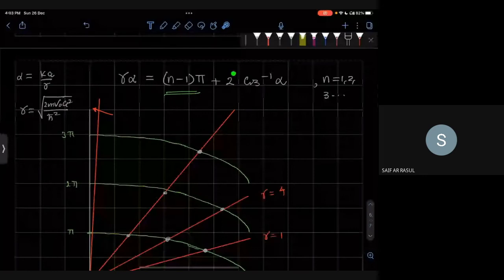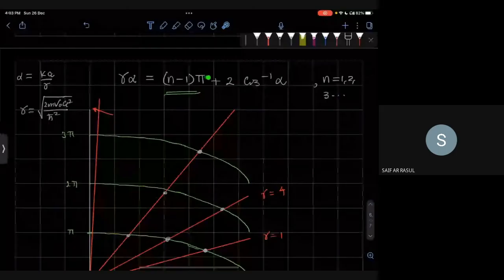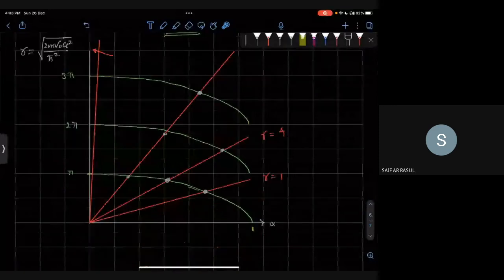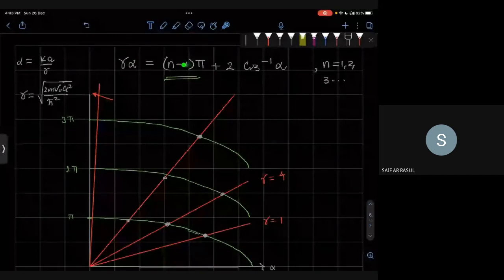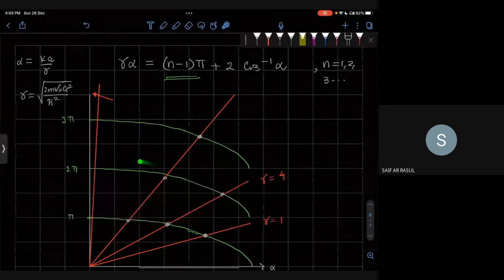So if I solve that equation for n, I get a value of n, okay? And it's not going to be an integer in general, but the integer part of that n is the number of intersections that we are going to get between the straight line and these curved lines.